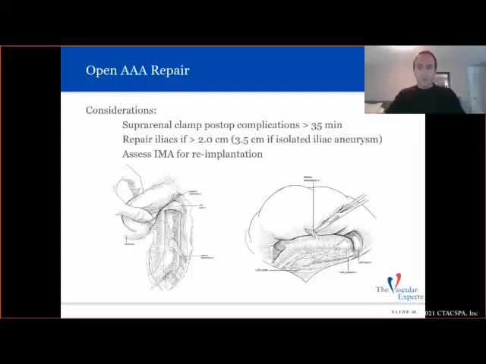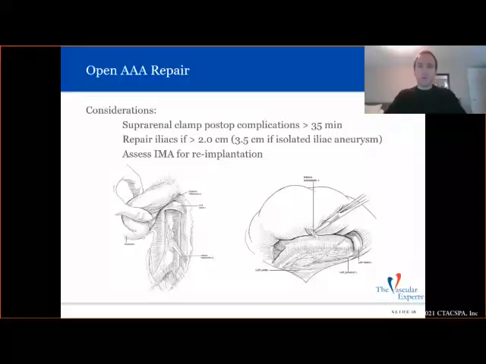But we'll go over who is a good candidate for both, because there's more subtlety to that. It's not just that everyone's the same with open and endovascular. You have to really choose who's going to get your open repair and who's going to get your endovascular repair. But if it's a young patient with a straightforward aneurysm, they'd probably do better with an open repair because they're going to live so long.